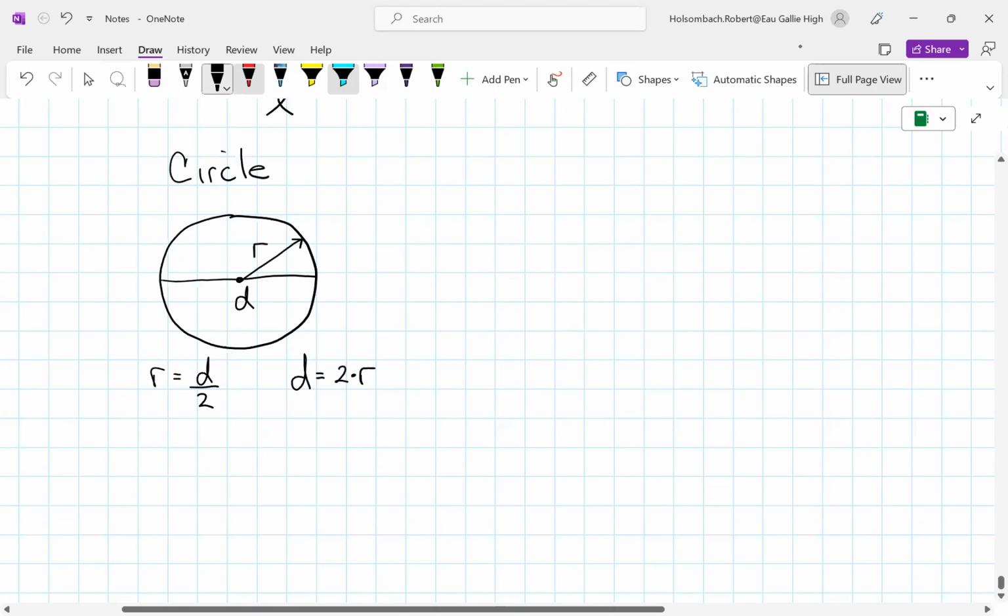Now, circumference, like I just said, circumference is the distance around the circle. And you've got 2 formulas for circumference. You can use the formula 2 times pi times the radius, or circumference is also equal to pi times the diameter.